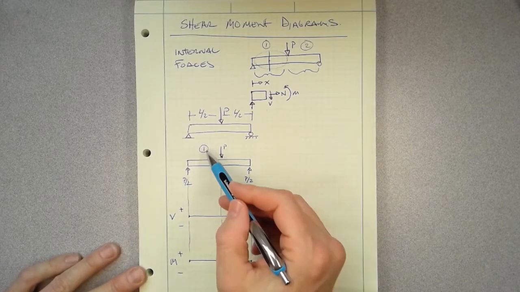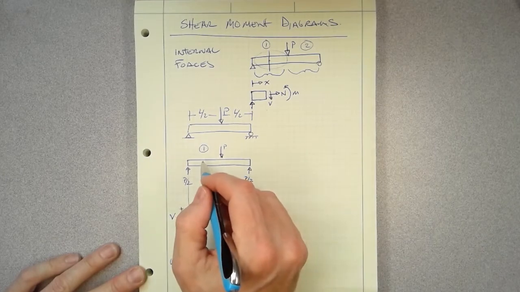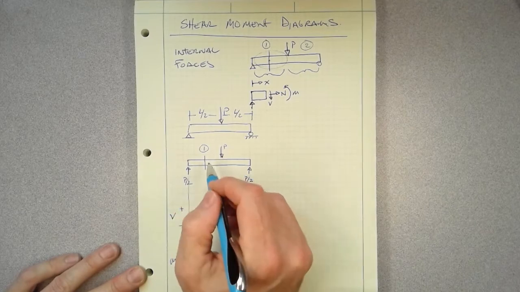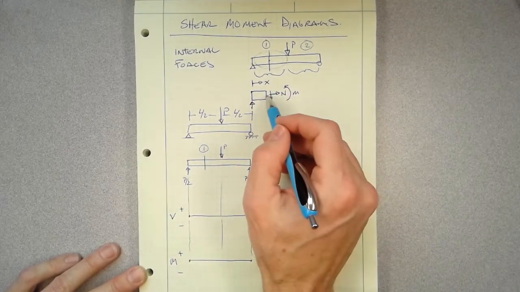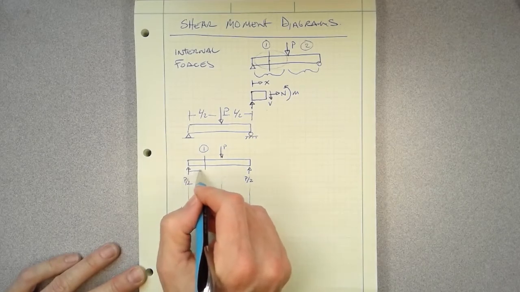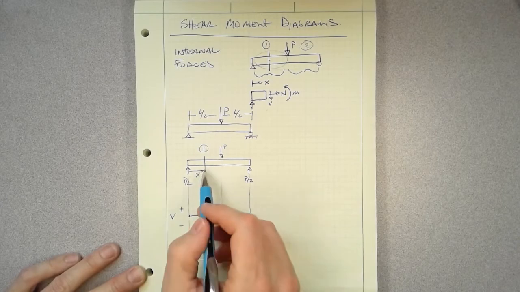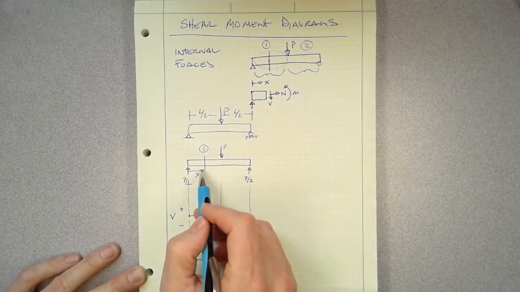So first thing we want to do is look at section 1. We're going to look at the internal forces in this section. So we're going to break this at some point, just like we did when calculating our internal forces. But now at this break, we're going to call that distance X from the left-hand side. So that has some point X there.